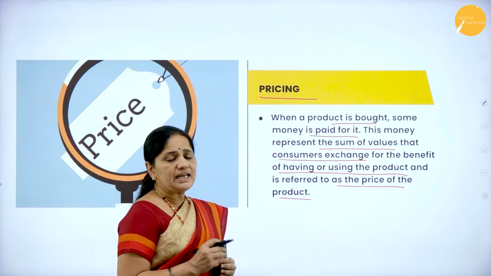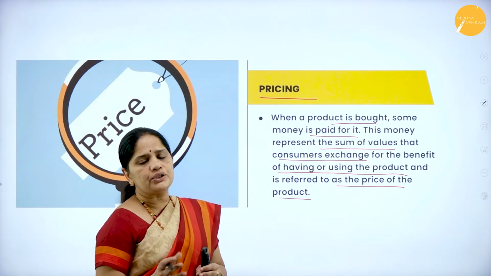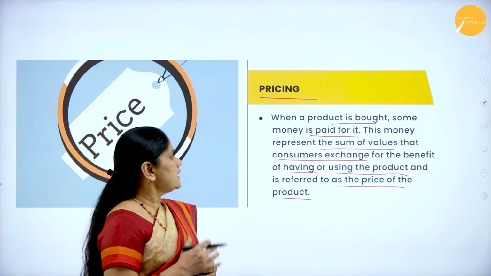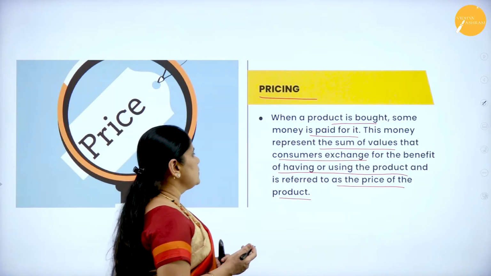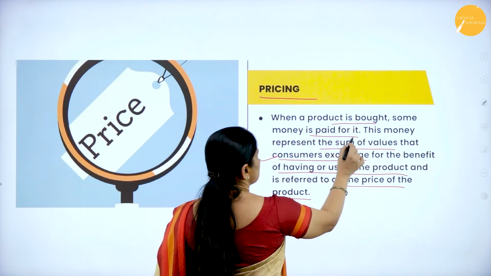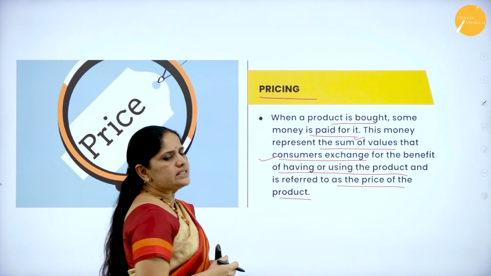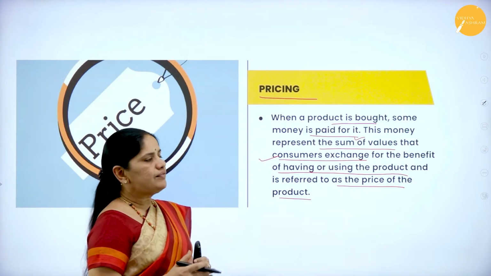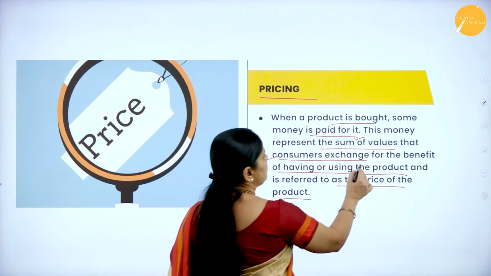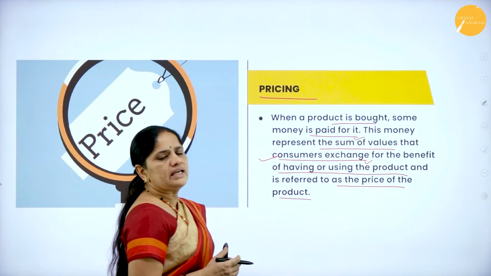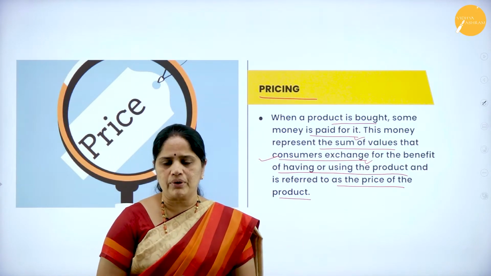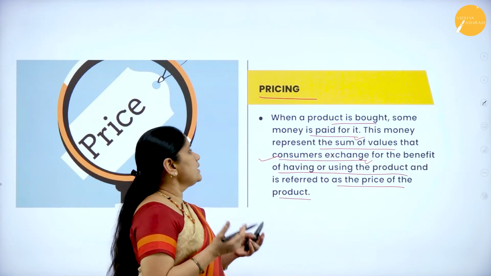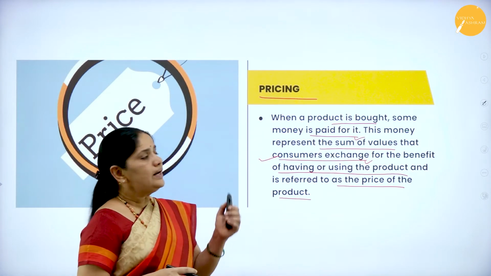This money which we are paying to the seller to buy the product, that is what we call pricing. So the price which you are paying is the sum total of all the values the consumers exchange for the benefit of having or using the product. To use the product, he is giving some sort of value and then purchasing it. That value which we are paying, we call it the price of the product.